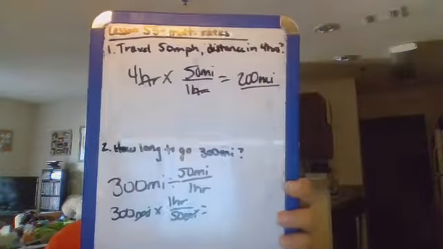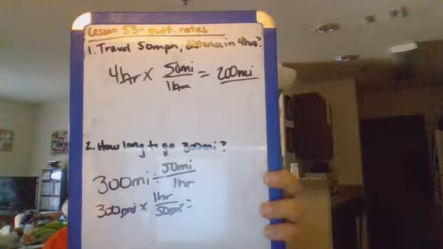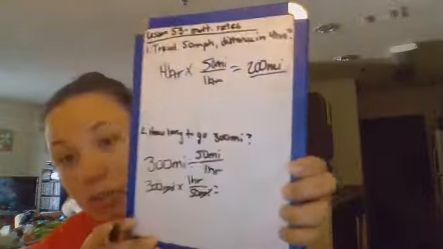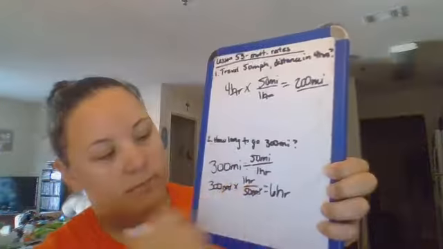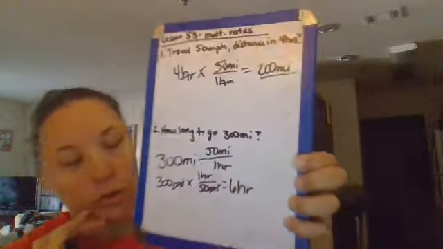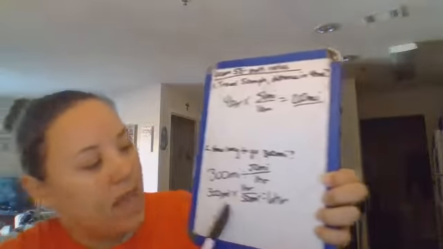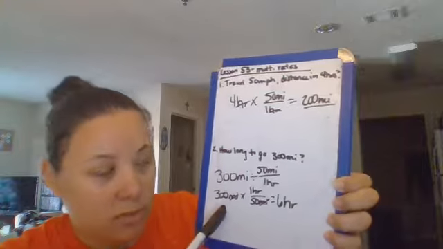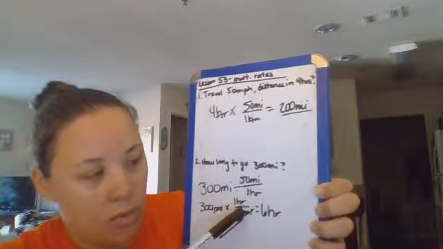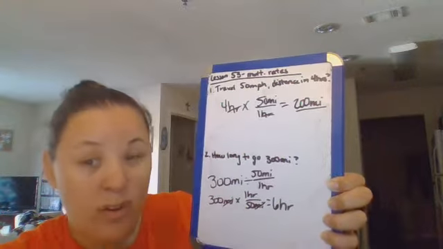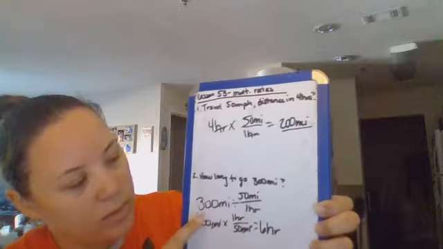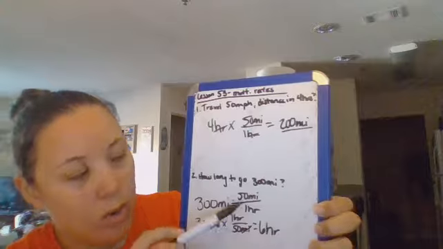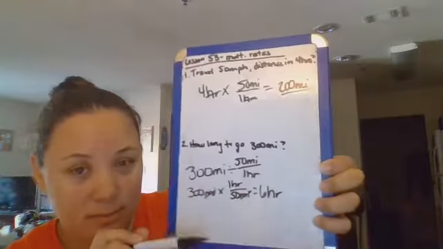We divide 300 by 50, and we get 6. So it's going to be 6 hours. So in 6 hours, we should have gone 300 miles, because we know that in 1 hour, again, we've gone 50 miles. So we put what we know over what we're trying to find out.